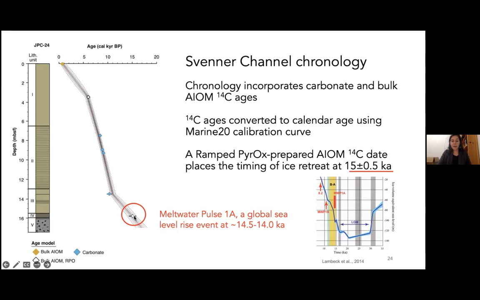It may be that it's a little bit early, but because with Ramped PyrOx there's really no way to completely exclude old material, because it's an admixture. What we're doing is we're constraining it as much as possible. But it's very possible that this age actually does include a little bit of old material. So it's very possible that it could be younger.